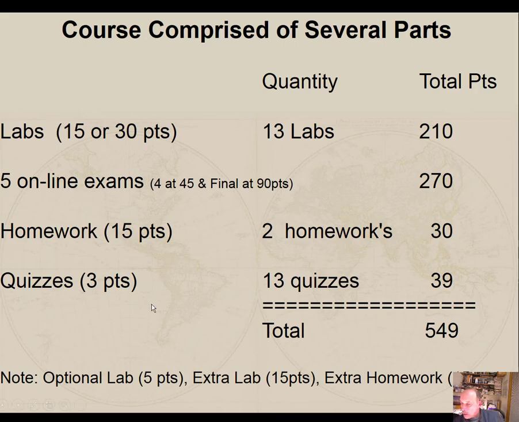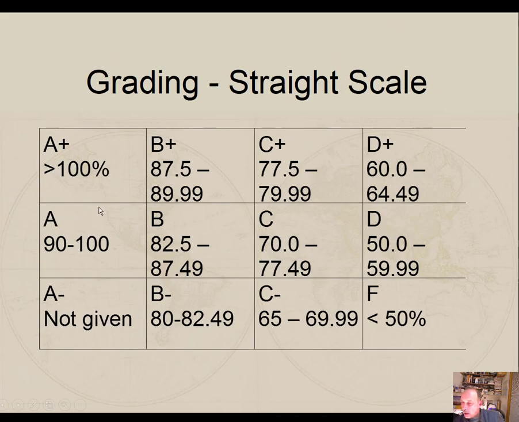Now, in the class, I don't give an A minus. So we're talking about if you get 90% of the 549 total points, then you get an A, and you basically work out what percentage of the 549 you wind up to look at the grade you're shooting for.